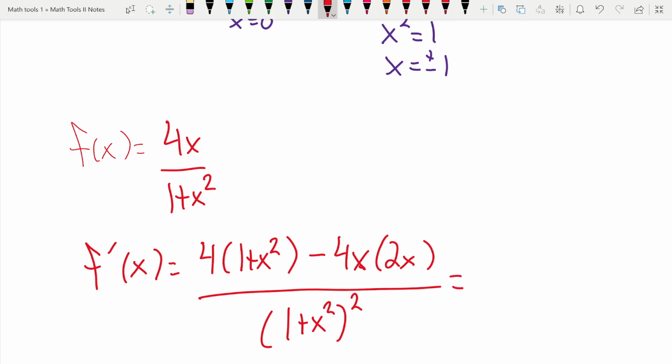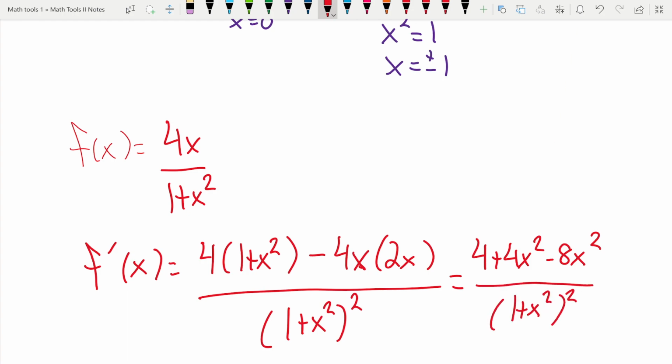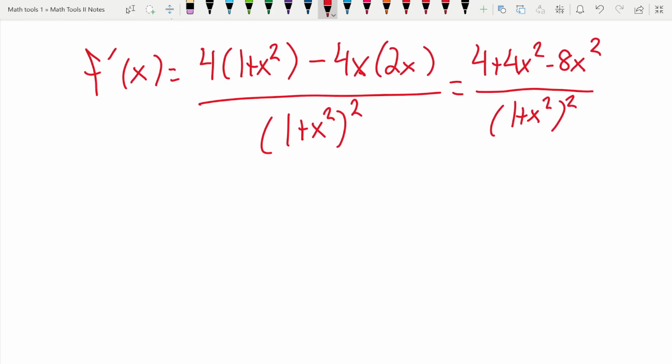We'll go ahead and simplify the top first. So we get 4 plus 4x squared minus 8x squared over (1 plus x squared) squared, which ultimately is going to leave us with negative 4x squared plus 4 over (1 plus x squared) squared.